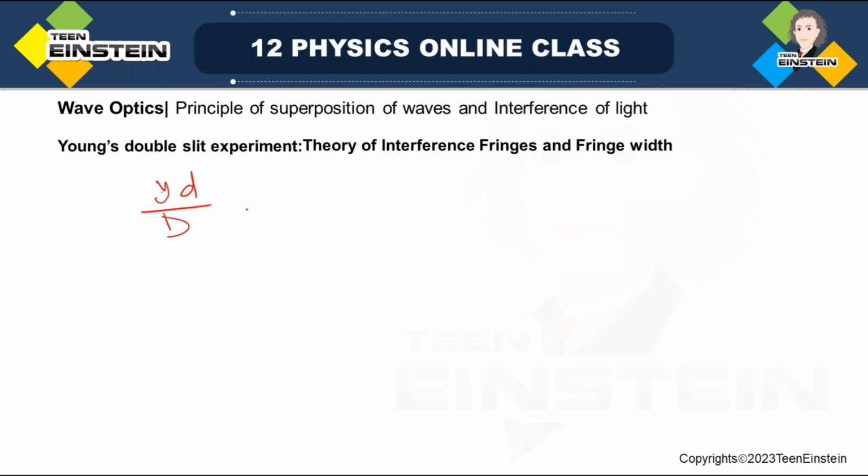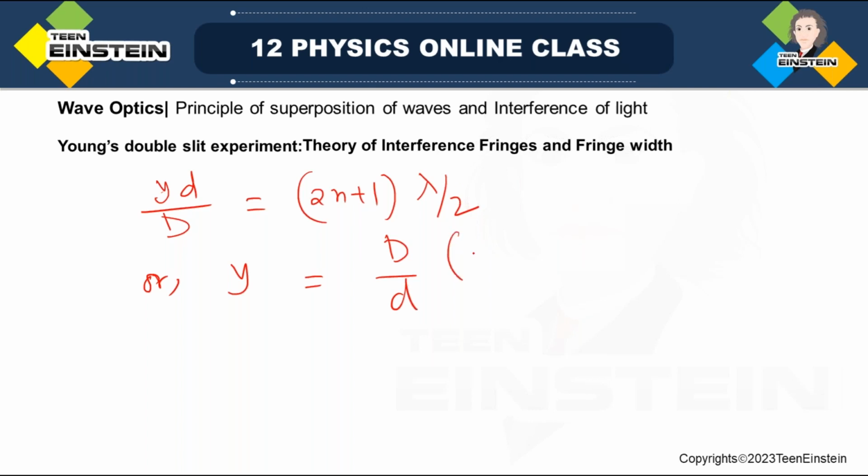This should be 2n plus 1 into lambda by 2 for path difference. So y has to be D by small d into 2n plus 1 into lambda by 2.